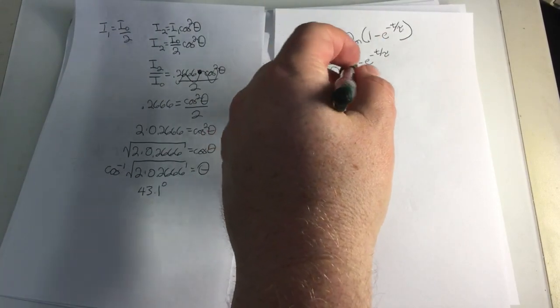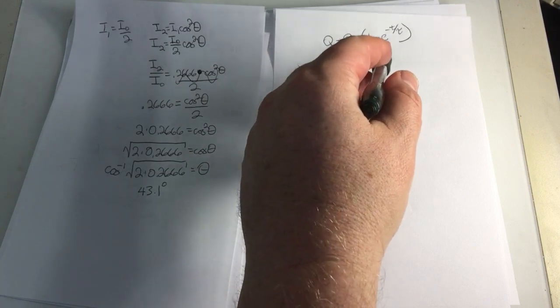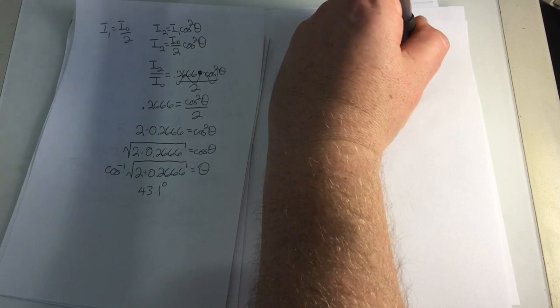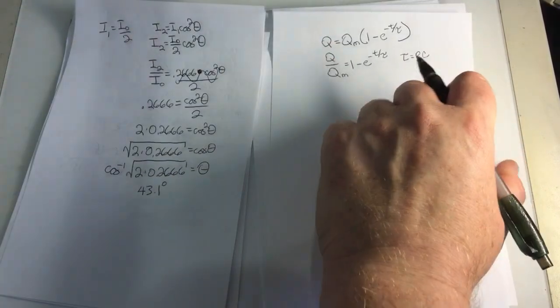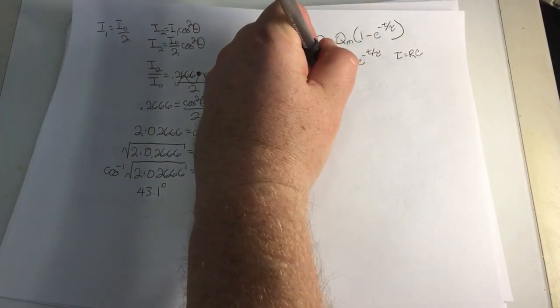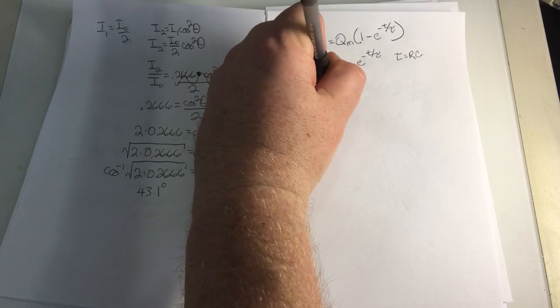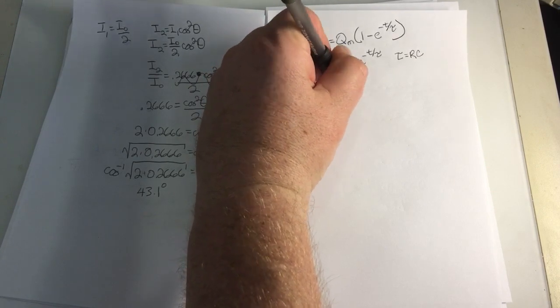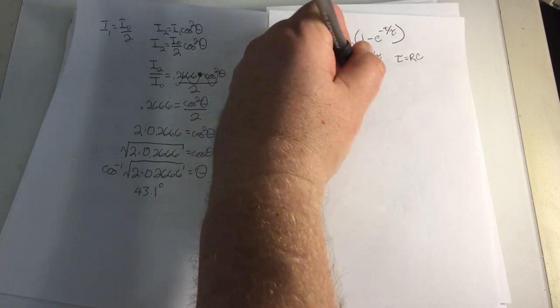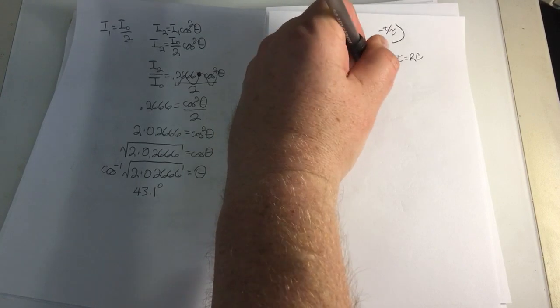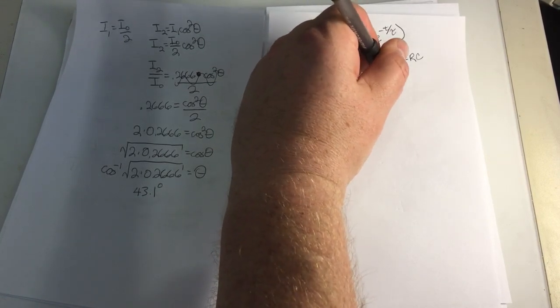In this part, I'm not going to do the numeric substitution until I get to the point that I want to. That tau is equal to RC. So this becomes Q over QM minus 1 is equal to e to the negative t over RC.